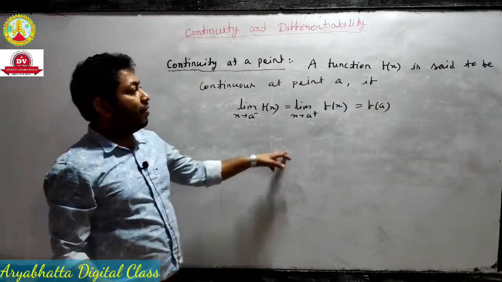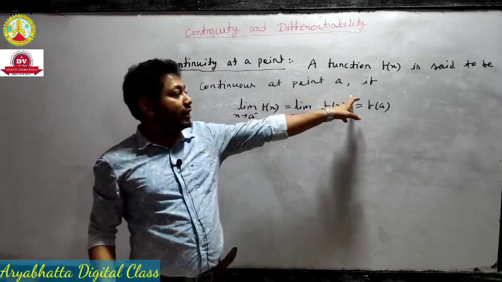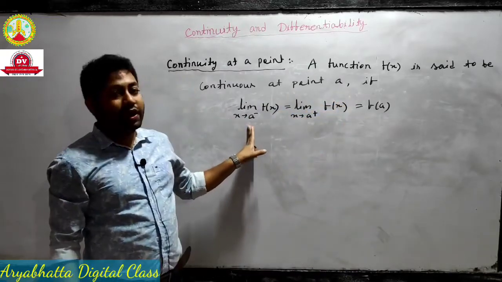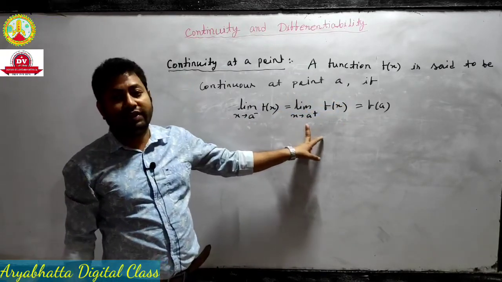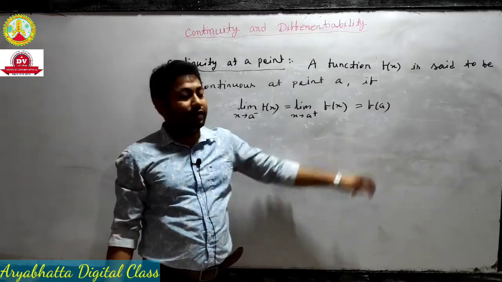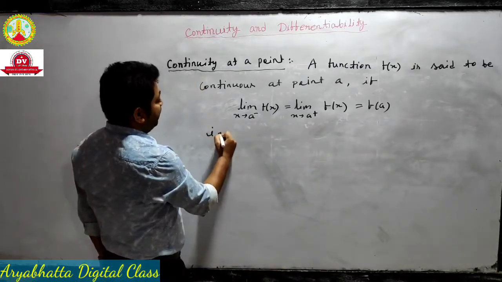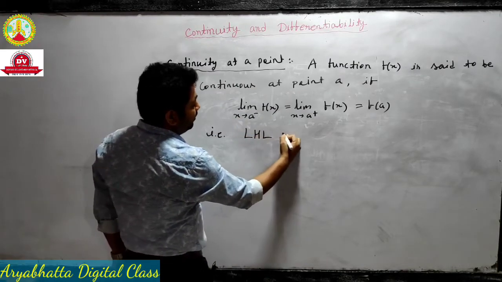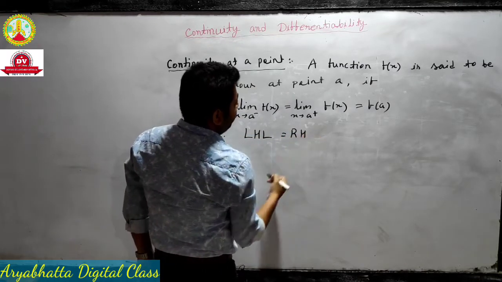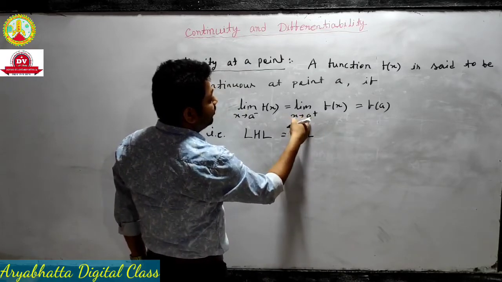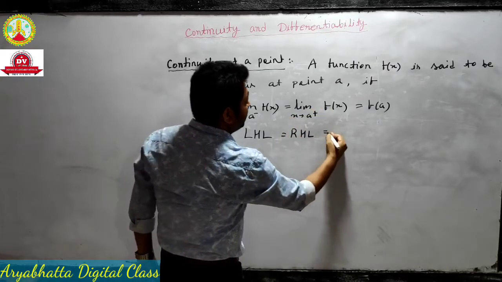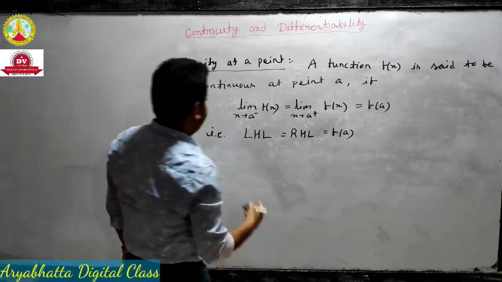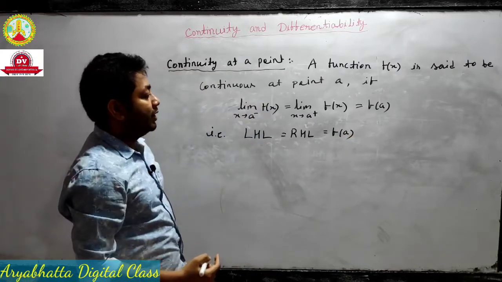That is, this is called the left hand limit, equal to the right hand limit. Limit x tends to a plus f of x is called the right hand limit, and it is equal to f of a. That is, left hand limit equal to right hand limit equal to f of a.